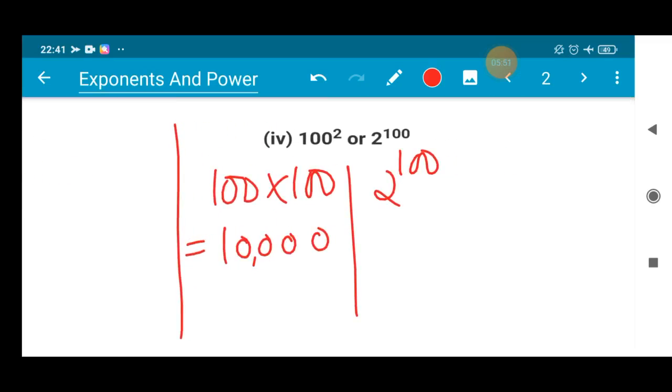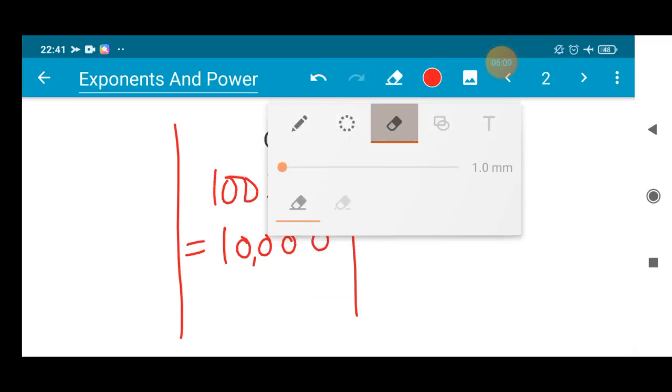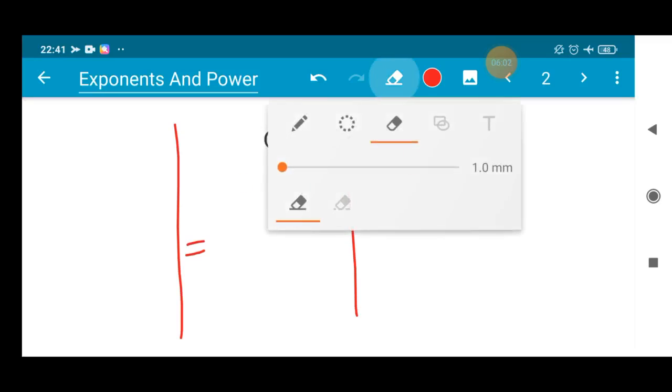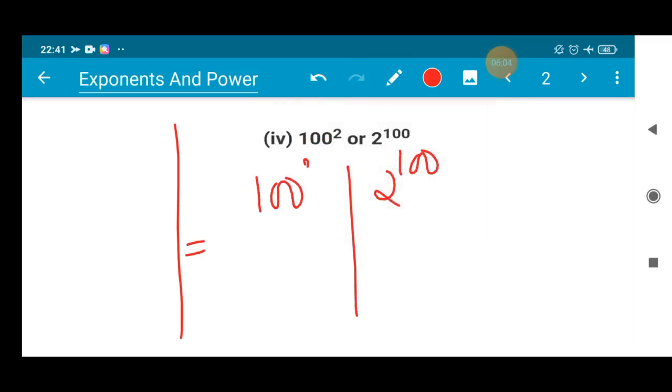When you expand, at least for 10 times, or more than 20 times, you'll get the value. So easily you can compare here 100 square and 2 to the power 100: when you compare the two, the larger exponent will be the greater value.